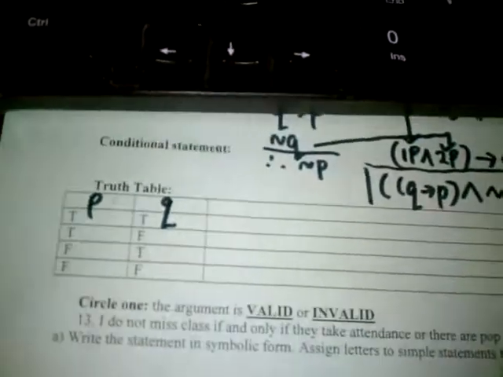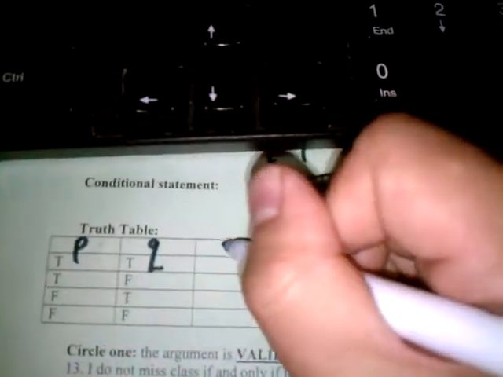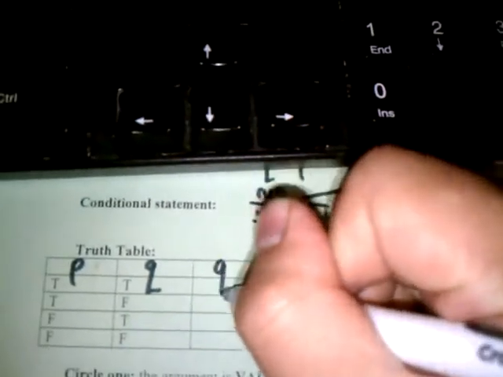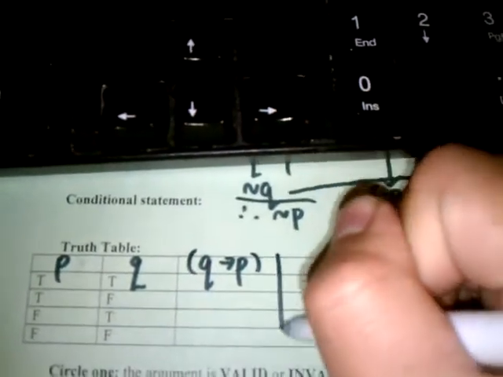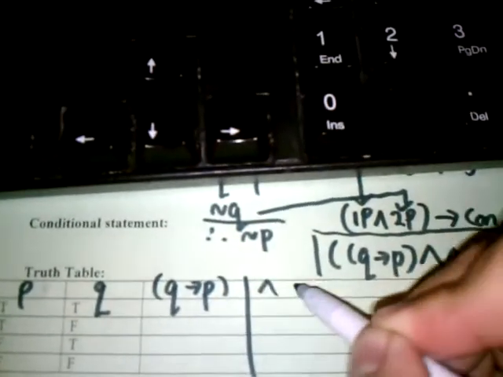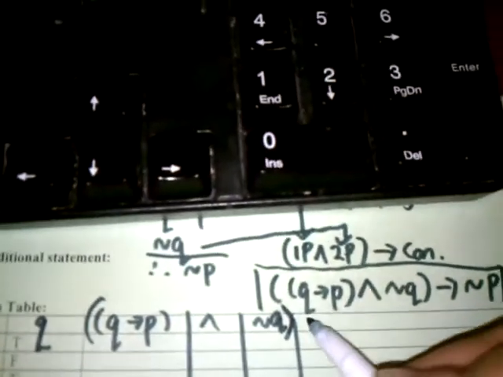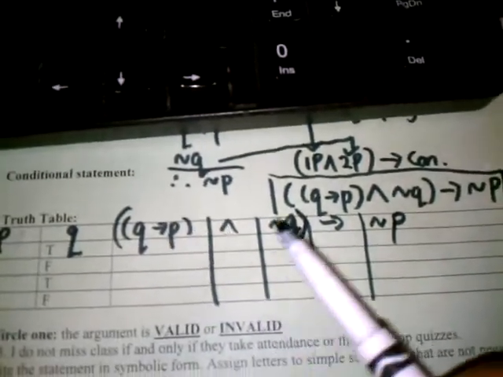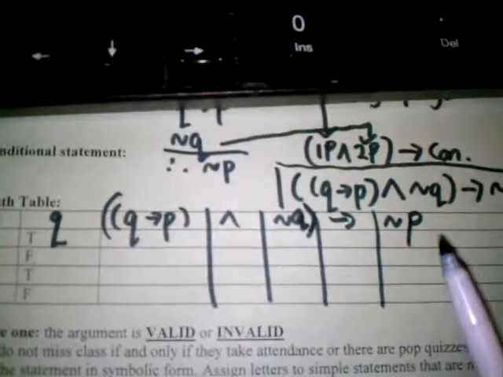Since we have P and Q here, we're going to use P and Q. What we have here is Q arrow P, and then the and, negation Q. All this is under another parenthesis, so you have double parentheses here. Then there's an arrow sign, and then we have negation P. So this is how we set this conditional statement into a truth table form.